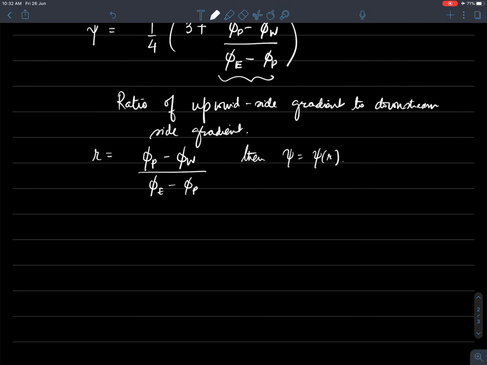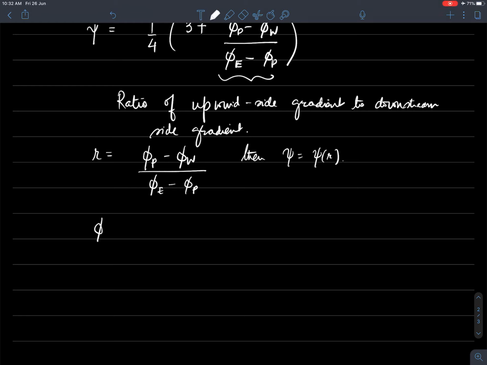Which means now I can write phi e as a general purpose expression to be half psi of r into phi e minus phi p, where different forms of psi will give me different schemes. So this is just some aspects of TVD.